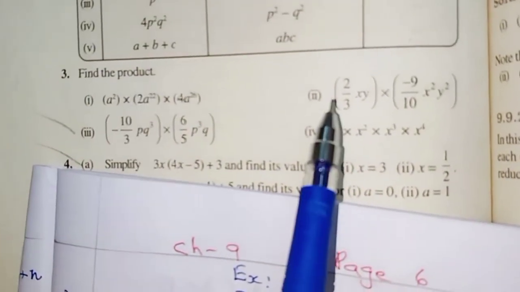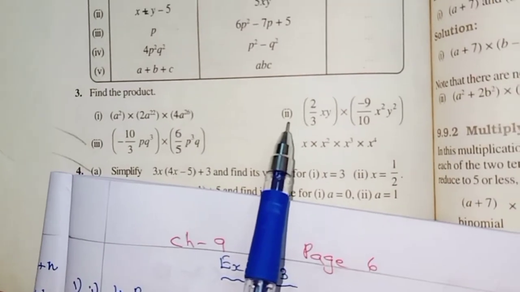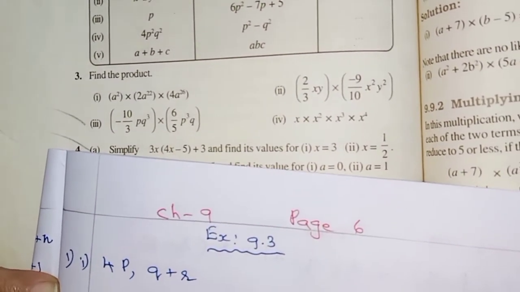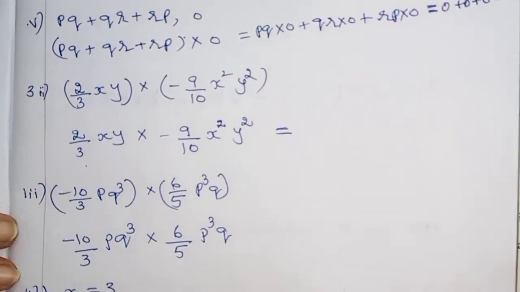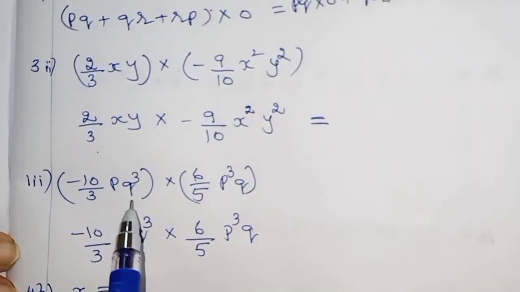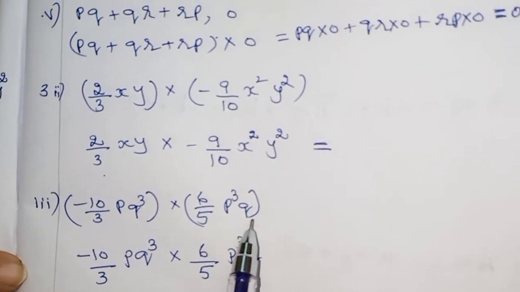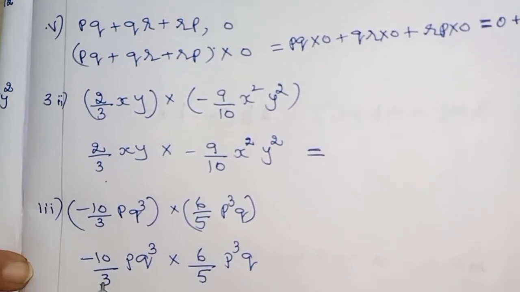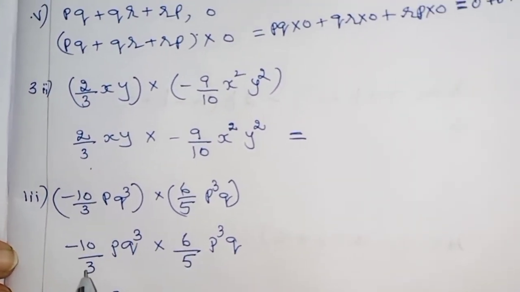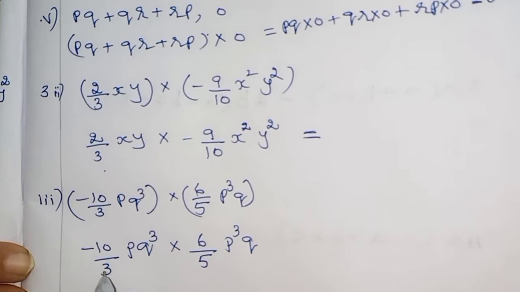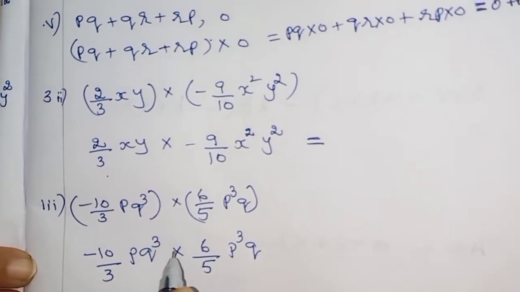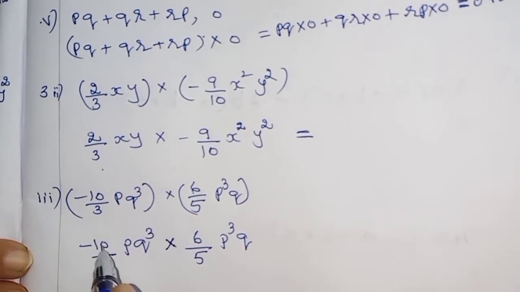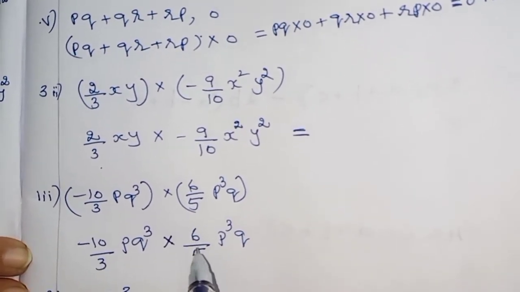Find the product. So now I am teaching the second one and third one. Now look at this. Minus 10 by 3 p cube into 6 by 5 p q cube. So here we multiply the coefficients. We can cancel them because the symbol is multiplication here. 10 by 3 means 10 divided by 3, 6 by 5 means 6 divided by 5.